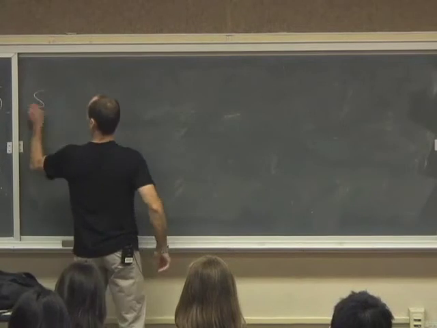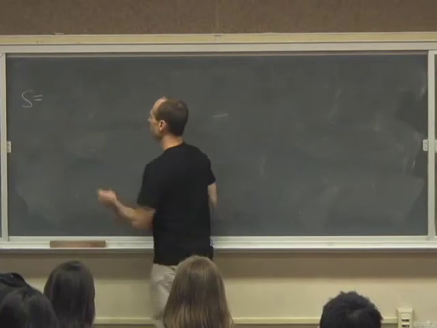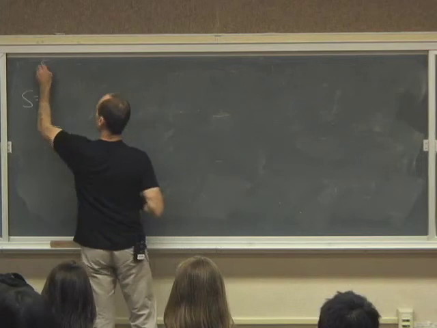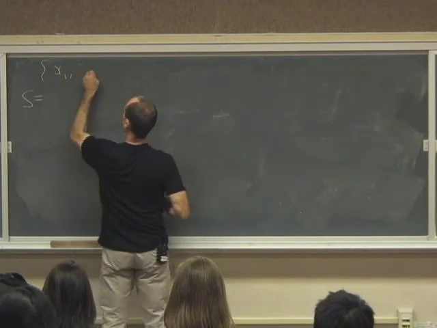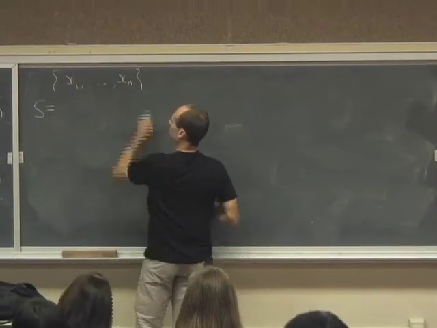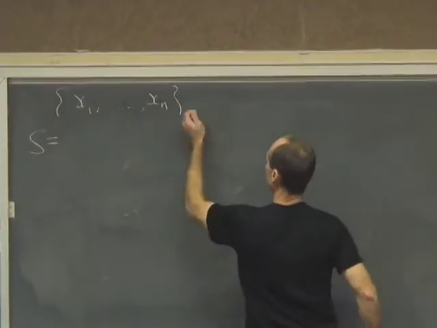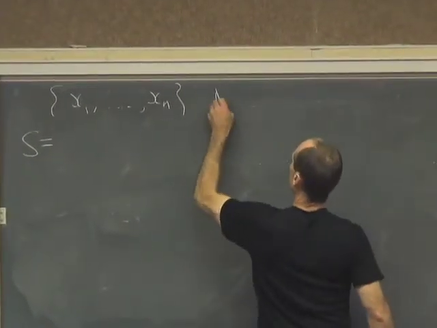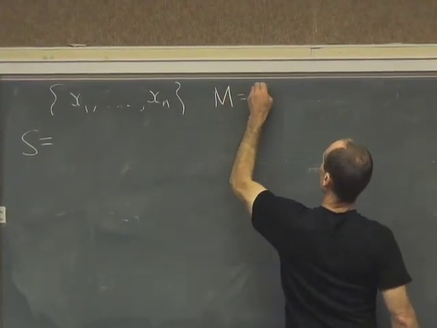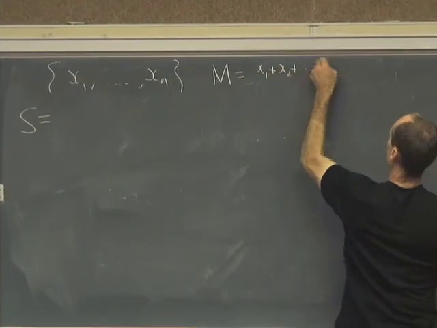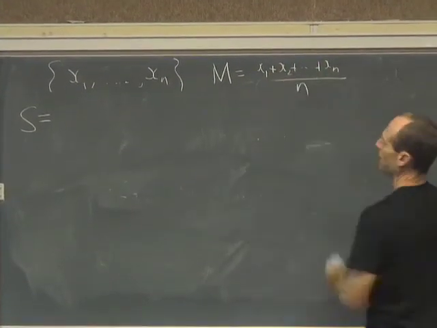Okay, so S is, if we have a list of data, x1 up to xn, and let's say that the mean m is equal to x1 plus x2 plus so forth plus xn divided by n. That's the sample mean.